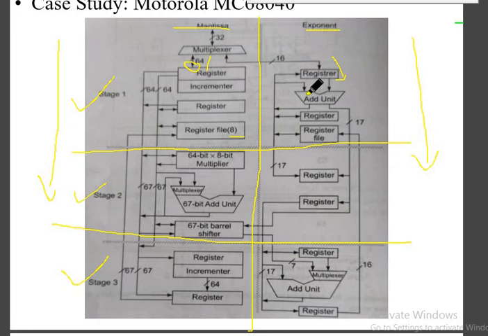Always remember, first we have to finish the exponent part calculation, then we come to the mantissa, whenever we are working on multiplication. Very simple. When we perform 3.5 into 2.5, we will start with this part.